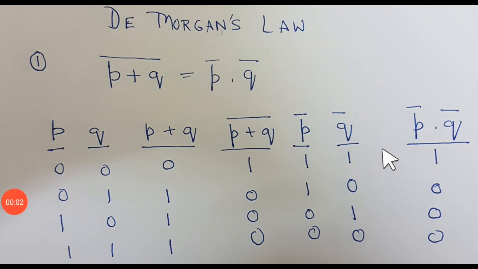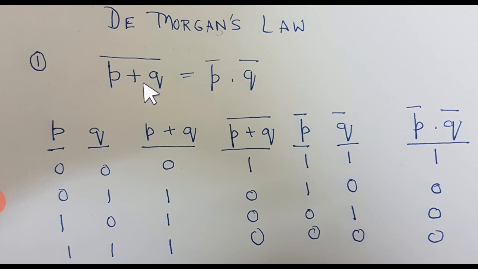Now De Morgan's law, and it's a very, very important law. What is there? You can see two variables P and Q. So P plus Q, that means P or Q, and then it has been complemented. That means complement of P plus Q is equal to P complement dot Q complement, or we may say P plus Q bar equals P bar dot Q bar.